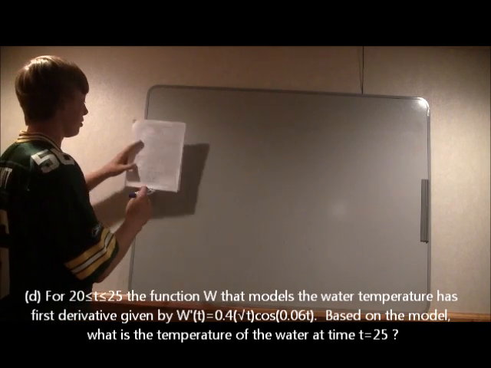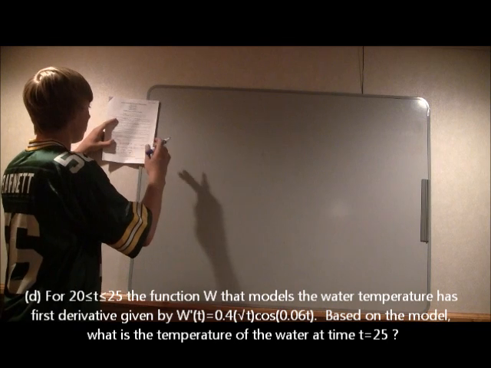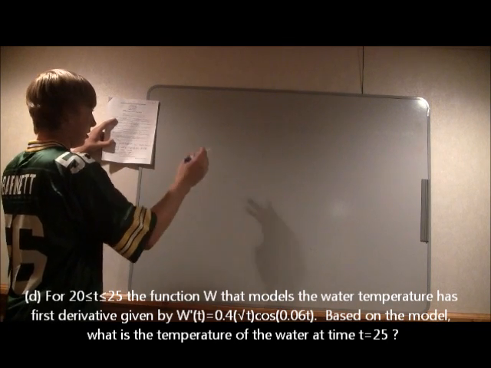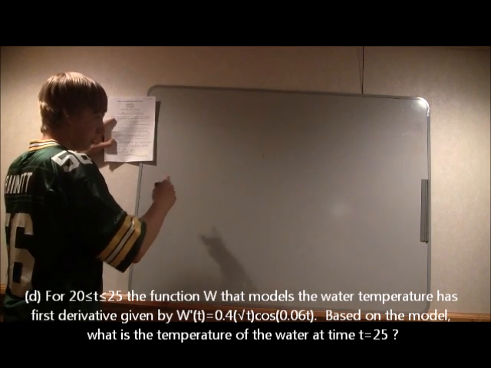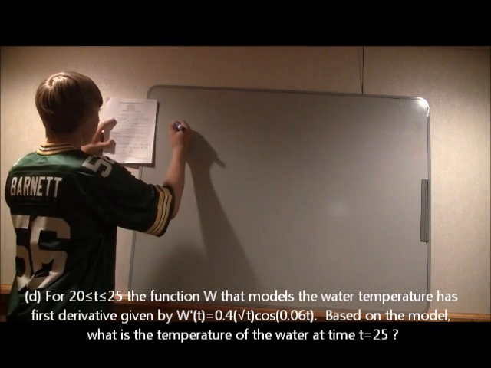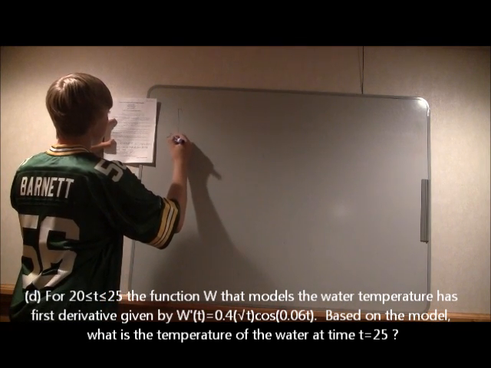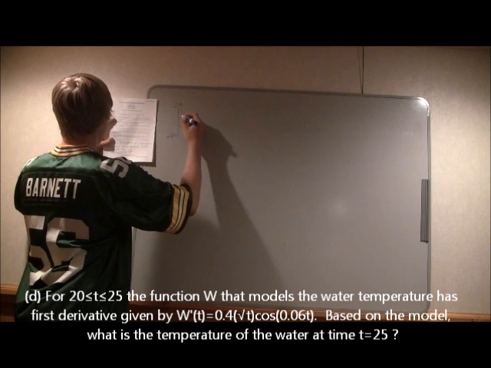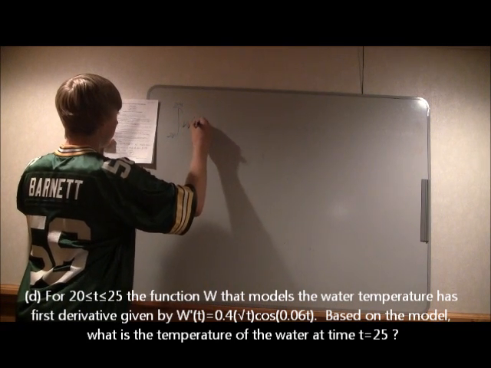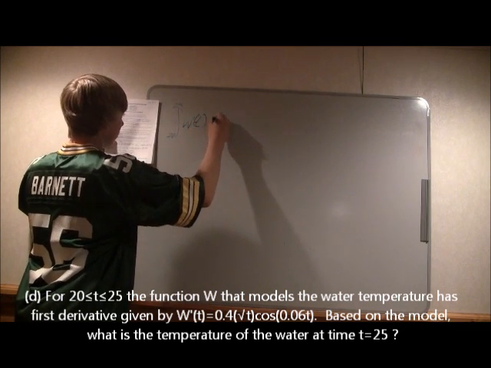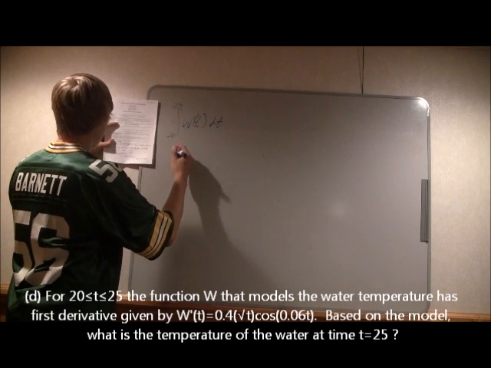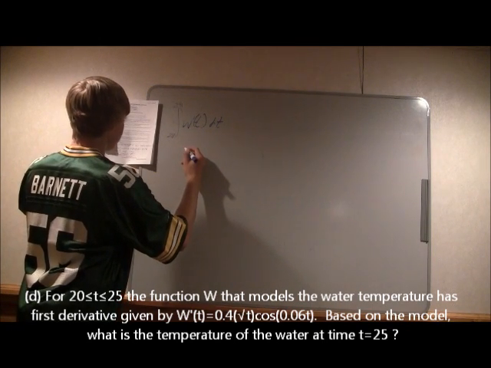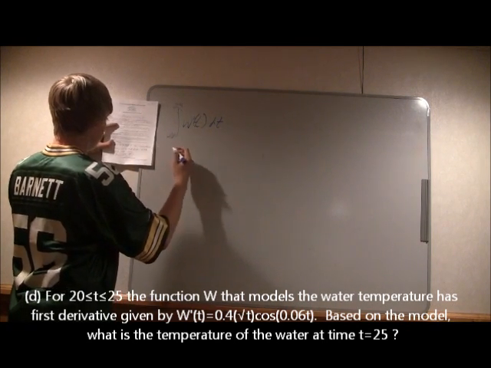So to find the total increase from 20 to 25, you have to take the integral of a derivative, because if you take the integral of a derivative, you find total change. So we have the integral from 20 to 25 of W prime t dt.